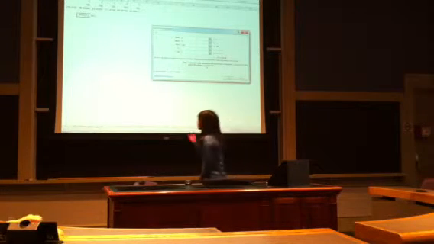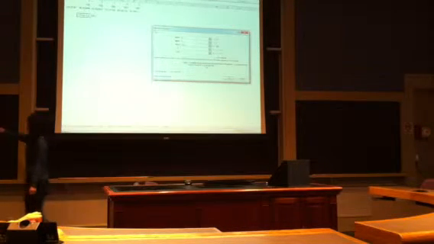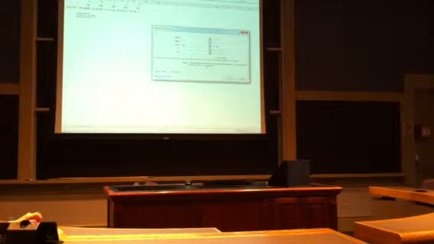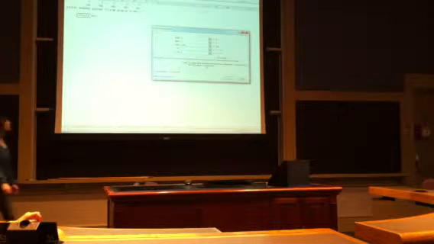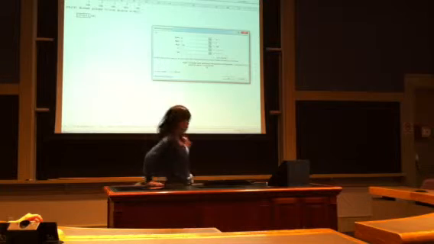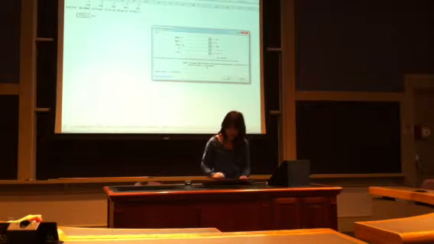So when we say we receive 100 in year 5, it's at the end of year 5. It's not in the beginning. So here year 1 is at the end of year 1. And you start at the beginning of year 1, which is time 0. So we will put in 0 here.